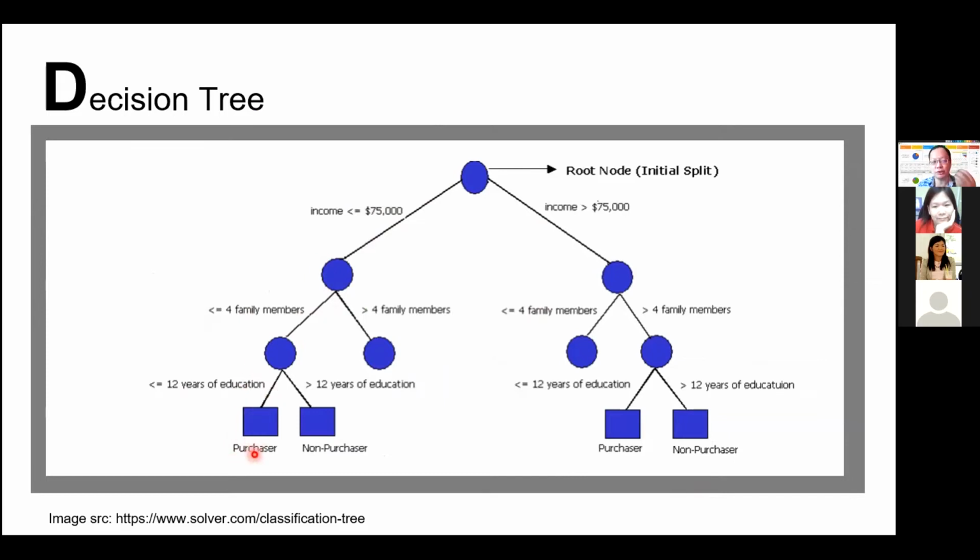Not always, but most people in this category buy products from us. Now, if a new person comes in, we can go through this tree to see if the person is going to buy a product from us. If the person falls into this purchaser category, we would go talk to them and serve them specially.